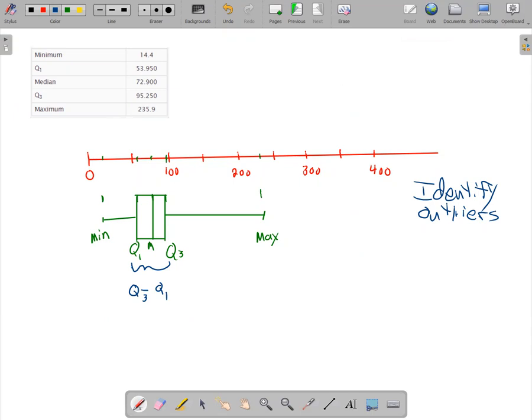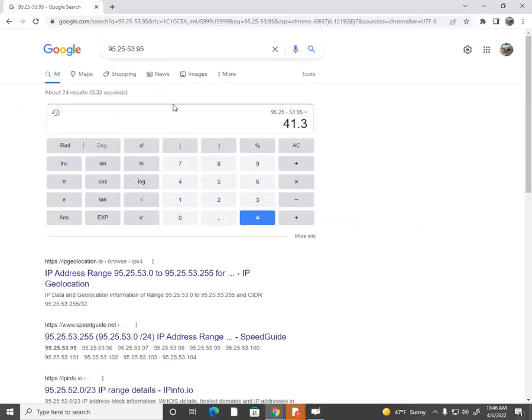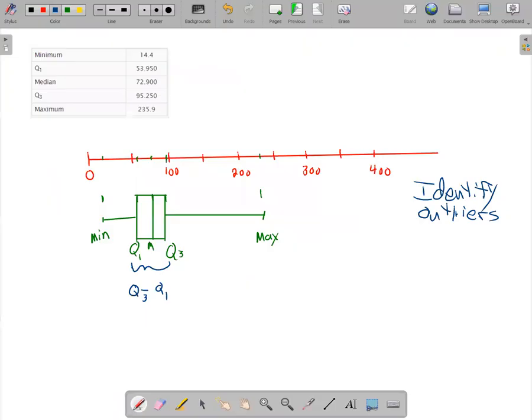Let's see, 95.25 minus 53.95. And I get 41.3. That's how wide the box is. So this particular one, again, is about 41.3 wide.